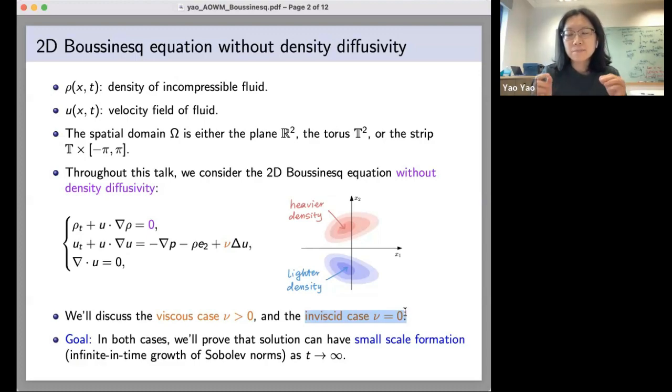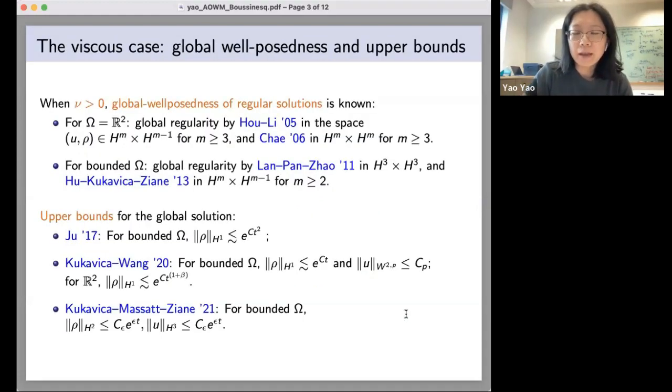It means that either the density rho or the velocity u is going to have some rapid change in the spatial variable. That can be measured either in the C^k norm or in Sobolev norms. So that is the problem setting and the equation.